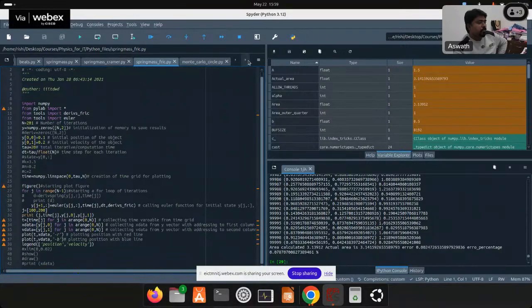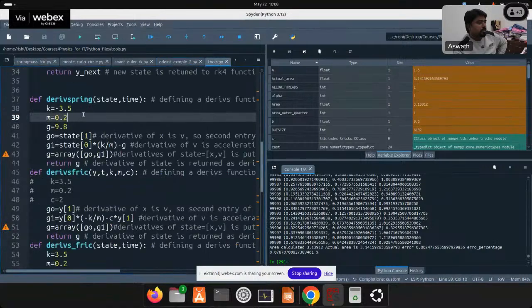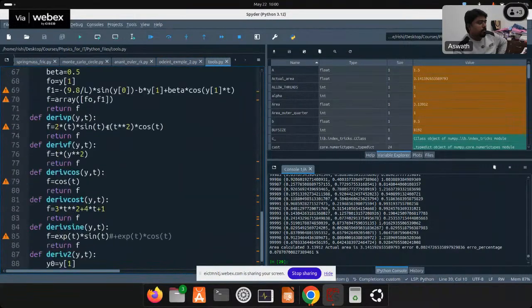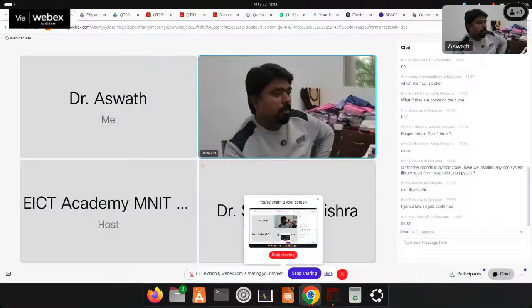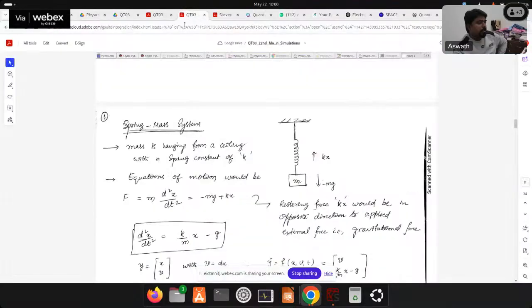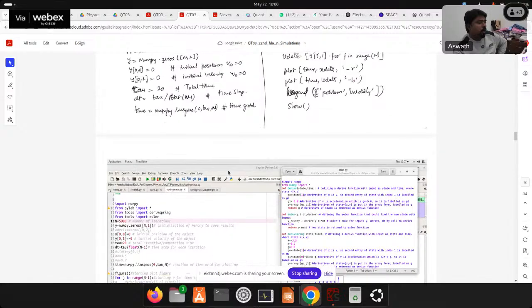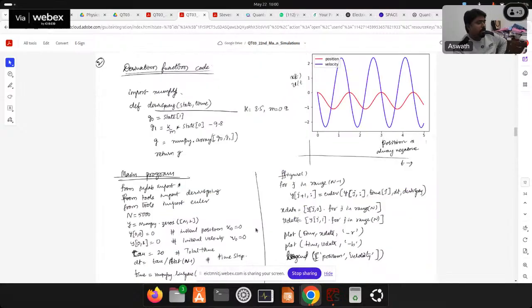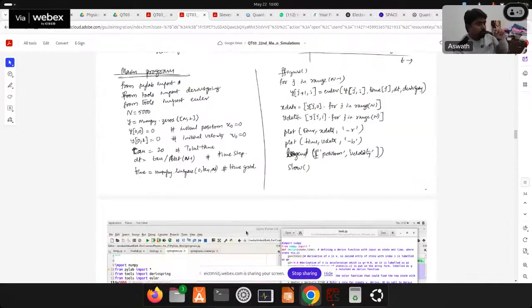This is what was discussed here in the derivative. The line-by-line explanation of what each line does is also given in my handwritten notes.